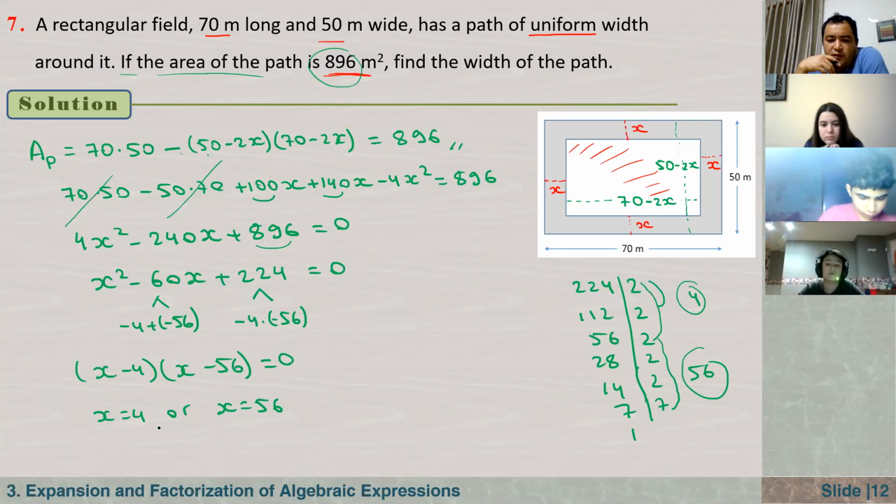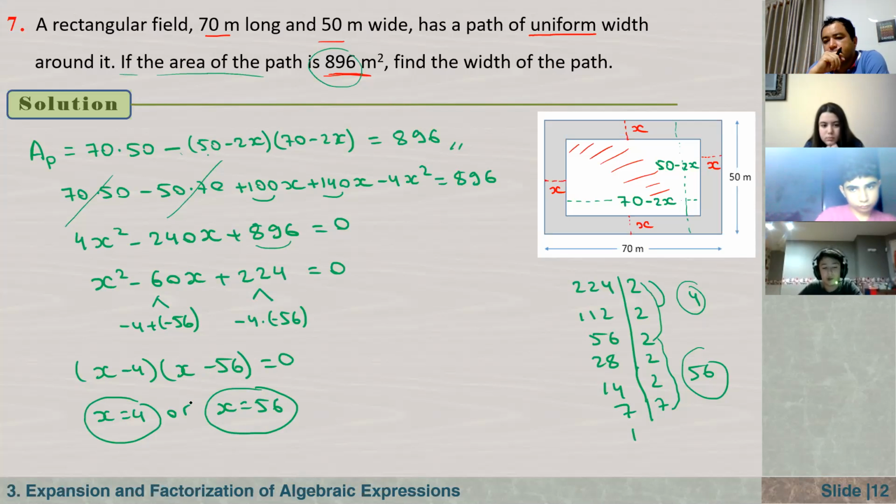Imran, what do you think? Which one is the answer here? Both or one of them? Which one should we pick as an answer? Here we have 4 and 56. This equation has two solutions. Which one will be the answer?